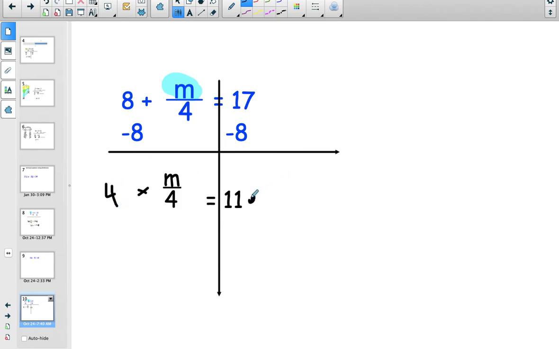Sorry for my dog. Times by 4 on both sides, I get m equals 44.